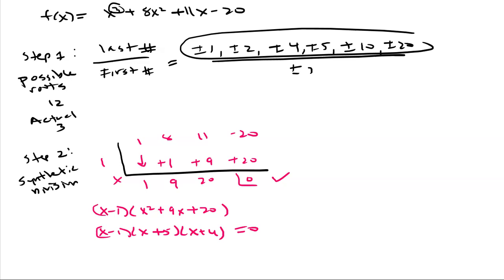So when we solve for x, we're going to get x is equal to 1, -5, and -4, right? So these are our roots, or in this case, zeros.